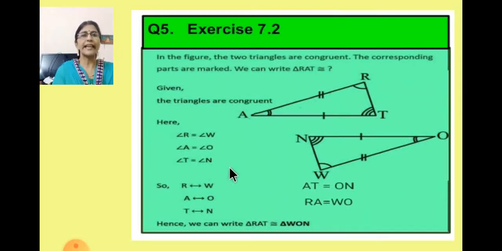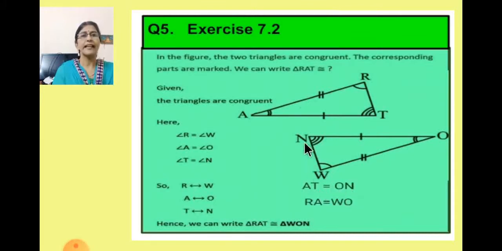Now third we will take angle T. Here you can see there are three small arcs like this. So angle T is equal to angle N. Here also you can see same arcs are given here. So we'll write angle T is equal to angle N. And then sides also we will write: AT is equal to ON.